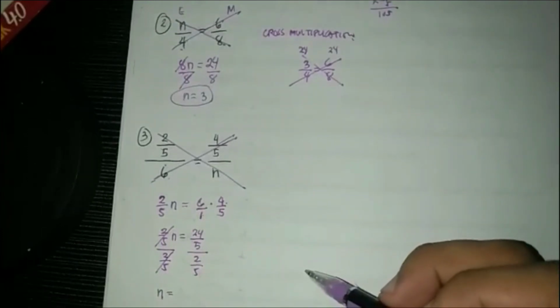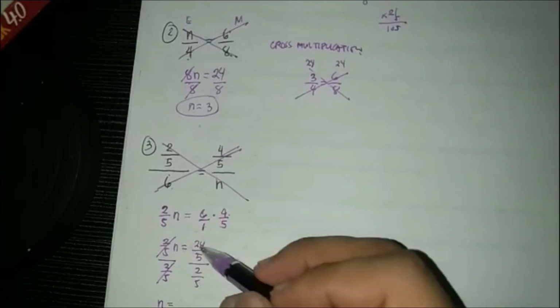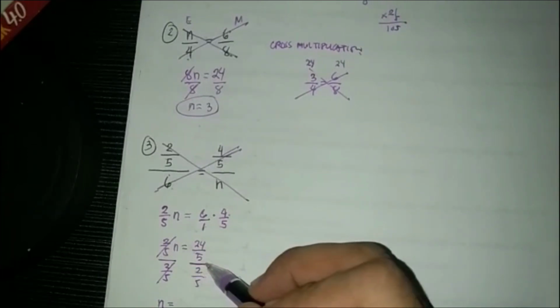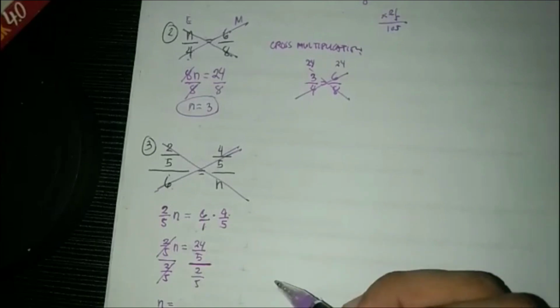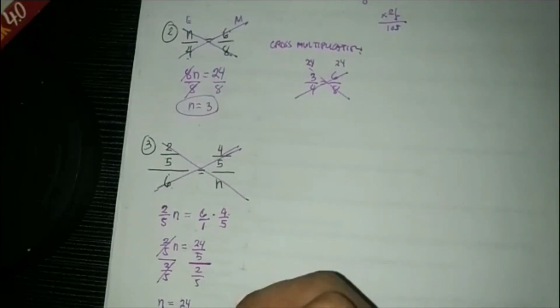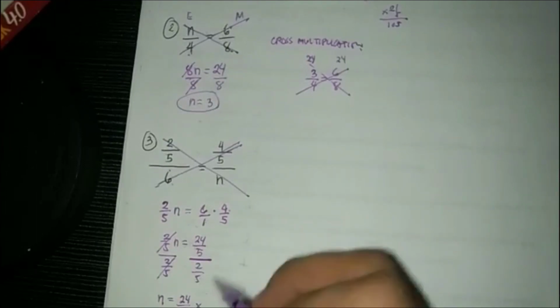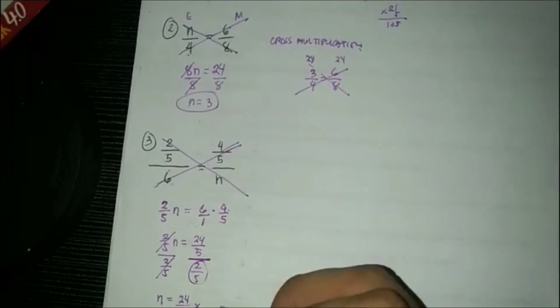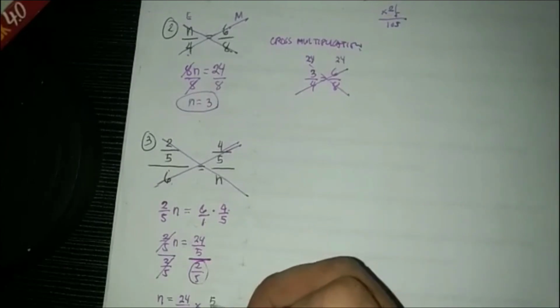Okay? So, sa fraction, kapag magdi-divide tayo ng fraction, i-change natin yung division na operation into multiplication. So, copy natin yung 24 over 5 times, kukunin natin yung reciprocal ng divisor. Ano yung reciprocal ng 2/5? Okay, so 5 over 2.